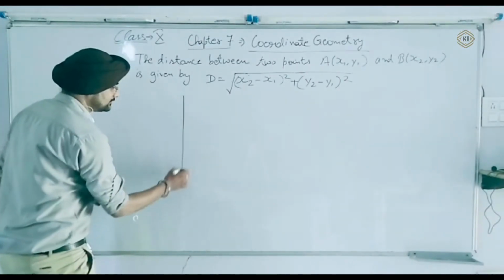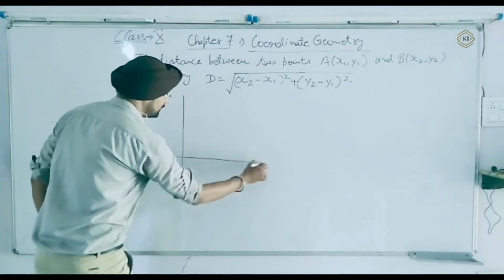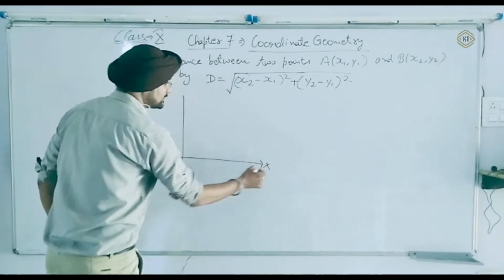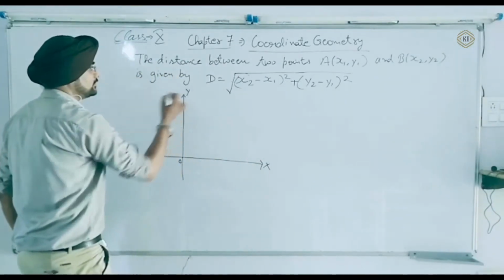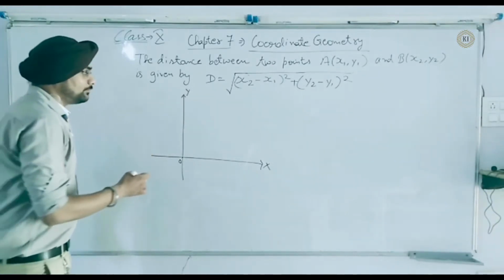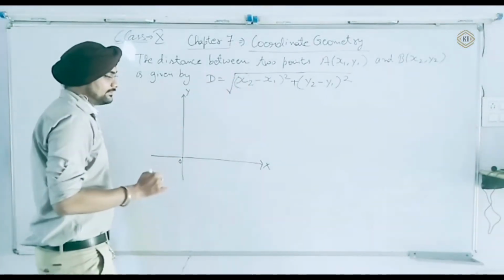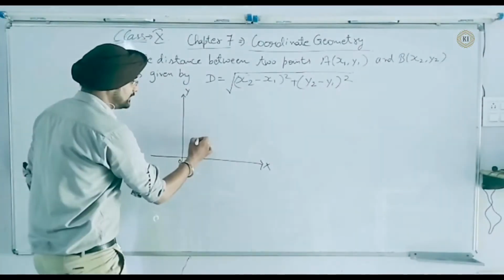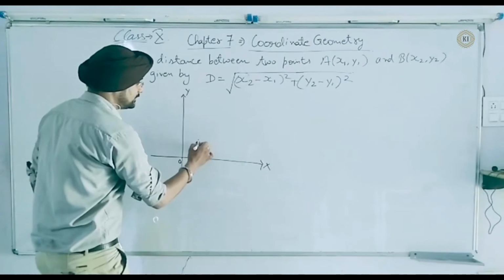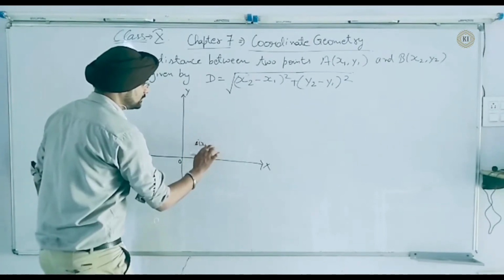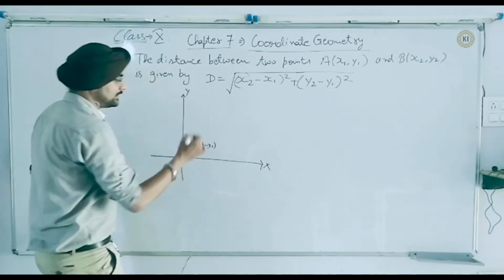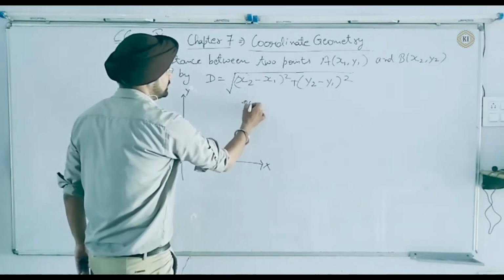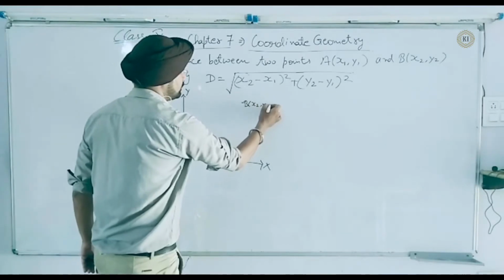This is our graph. This is your origin. This is your x-axis. This will be your y-axis. Now point A, x1 comma y1, both are positive, so it will lie in the first quadrant. So somewhere here it will lie, point A (x1, y1). Suppose somewhere else lies B (x2, y2).